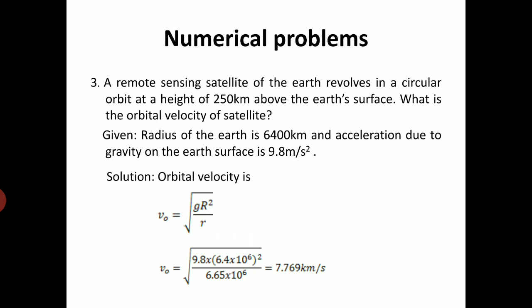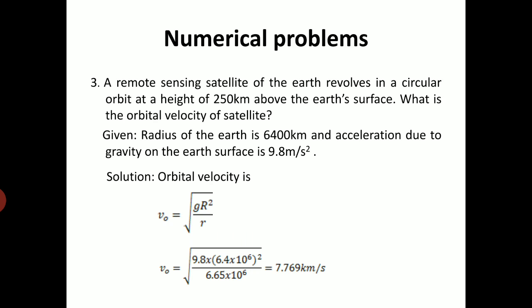Given, the radius of the Earth is 6400 km, and acceleration due to gravity on the Earth's surface is 9.8 meter per second square. Solution: we know that orbital velocity is equal to root of small g capital R square divided by small r.